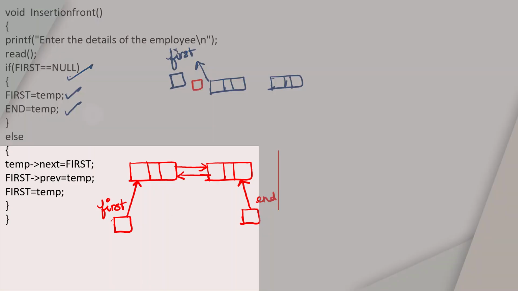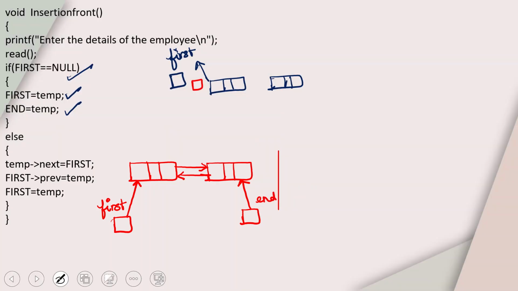Now, what I will do is try to insert the node called temp. If you remember, this is first. First of previous should be pointing at temp. This line: first of previous should be pointing at temp.